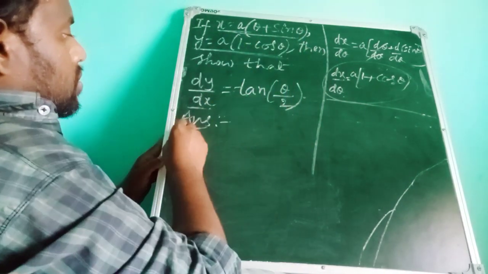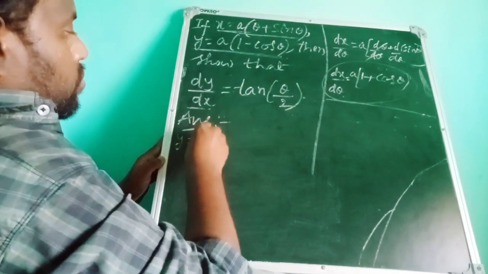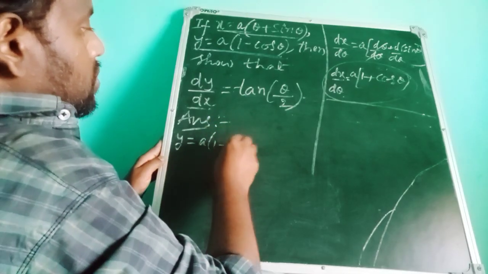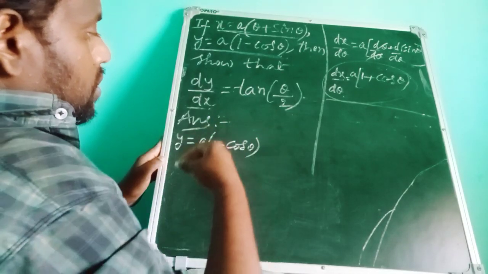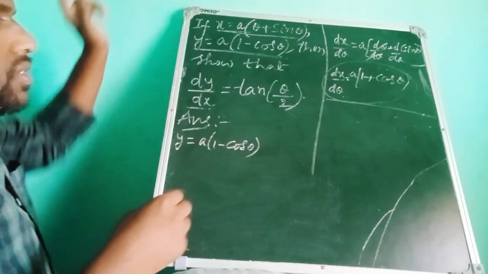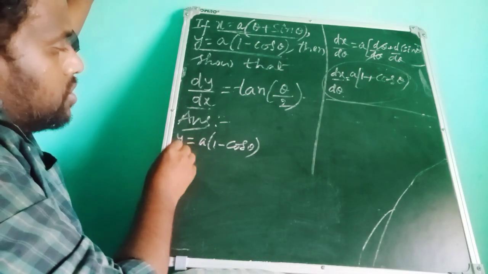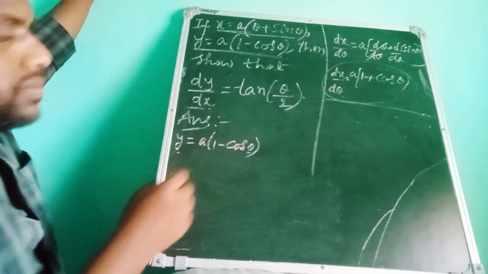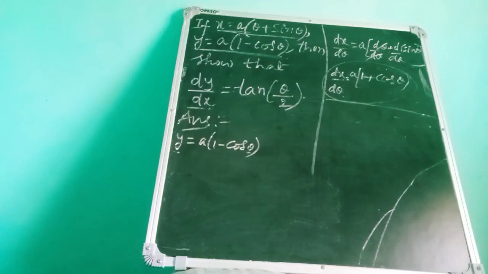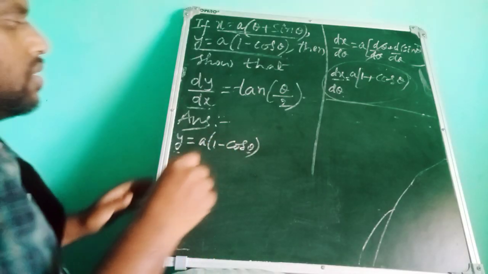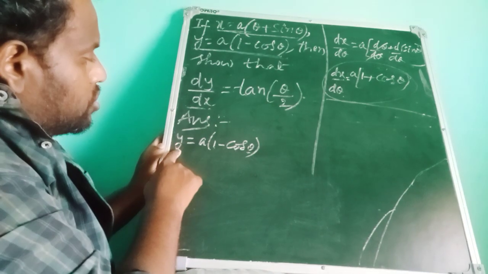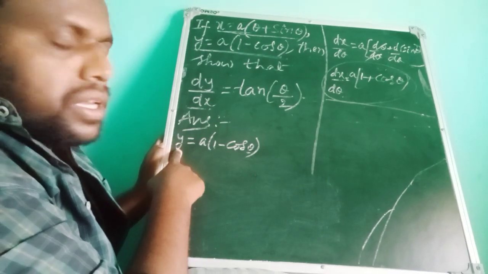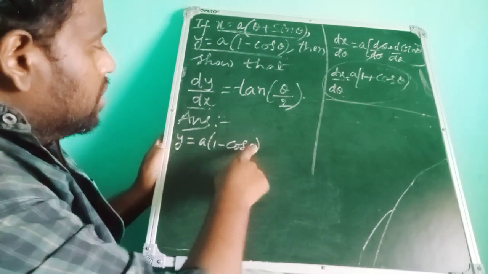Next, take this. So y is equal to a into 1 minus cos theta. Now this is the dependent variable, theta is the independent variable. So we will differentiate this dependent variable with respect to the independent variable.